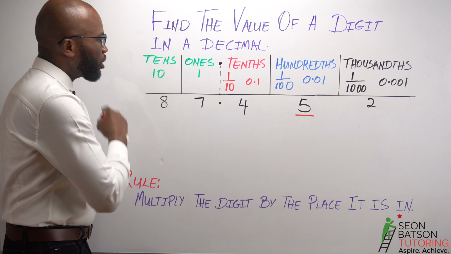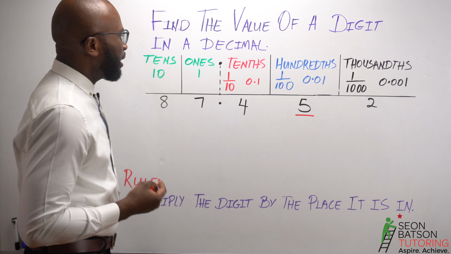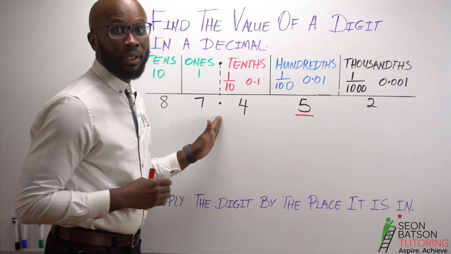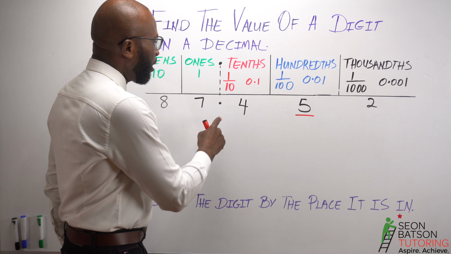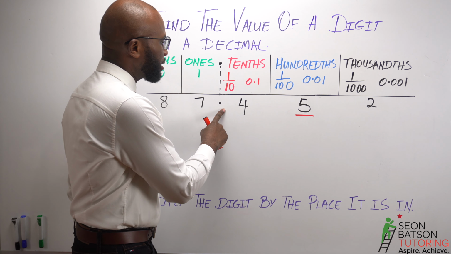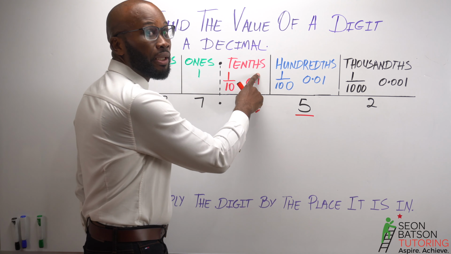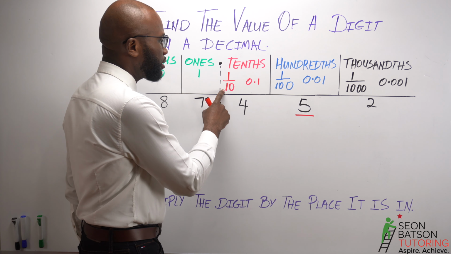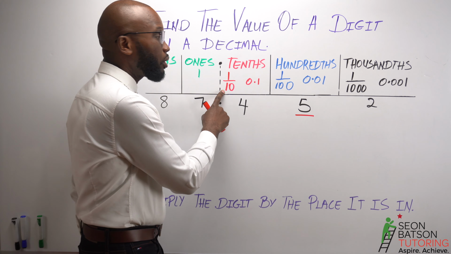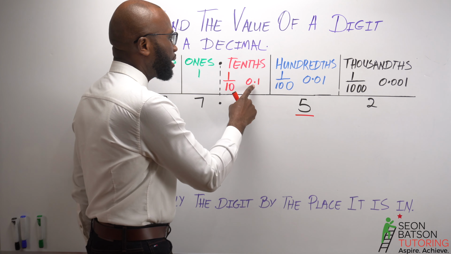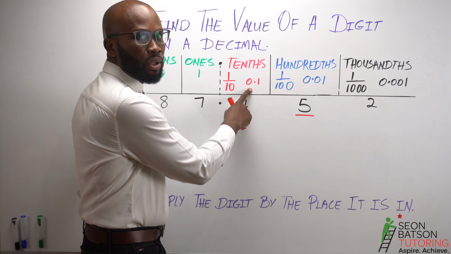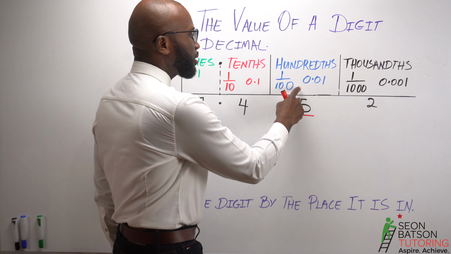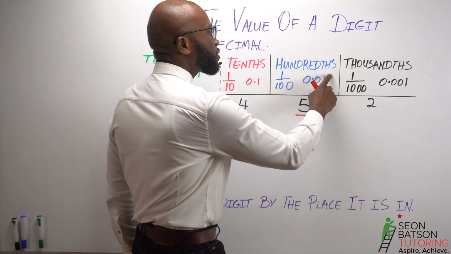Now, before we go to our first example here, let's examine the places behind the decimal point. The first place behind the decimal point is the tenths place. We can write a tenth as a fraction, 1 over 10, or as a decimal, 0.1. The second place is the hundredths place.